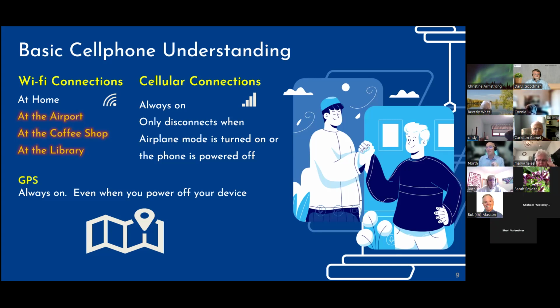Now, what makes a Wi-Fi unsafe is if it's in a public place that you cannot control who joins that network. That would be an airport, a coffee shop, a library, even the senior center. Even though it's a safe Wi-Fi, that is considered a semi-public Wi-Fi that anybody can jump in and join because they've got the passwords on the wall.